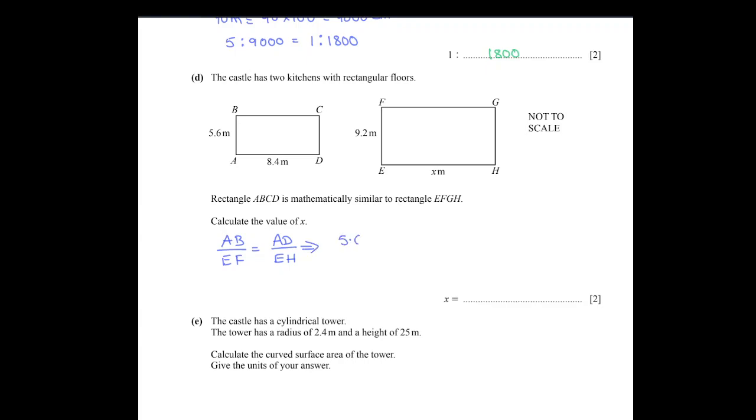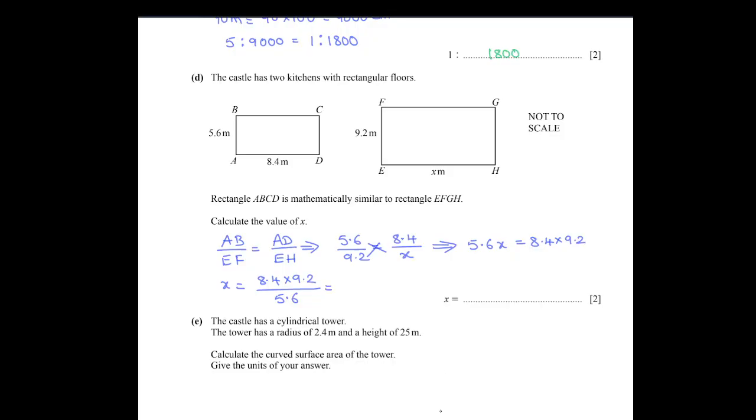AB is 5.6, EF is 9.2, equal to AD is 8.4 by x. Cross multiply. 5.6x is equal to 8.4 into 9.2. So x will be 8.4 into 9.2 by 5.6.